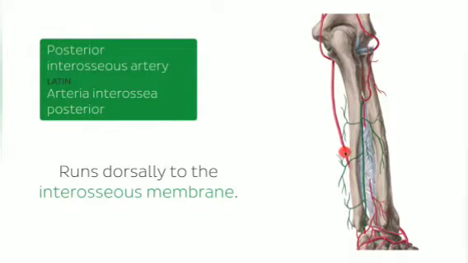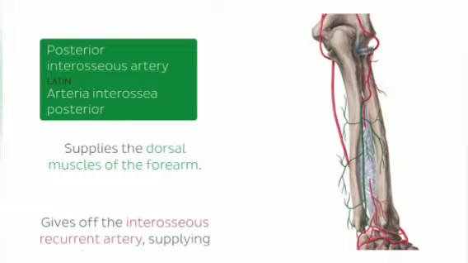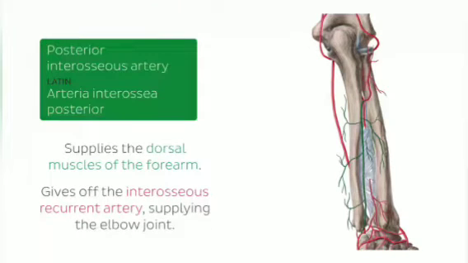And you can clearly see here the interosseous membrane just behind, or in this case, anteriorly to the posterior interosseous, because keep in mind we're looking at the posterior view of the forearm. With its small branches, it also supplies the dorsal muscles of the forearm, so something important to highlight, and will give off the interosseous recurrent artery, which then will supply the elbow joint.